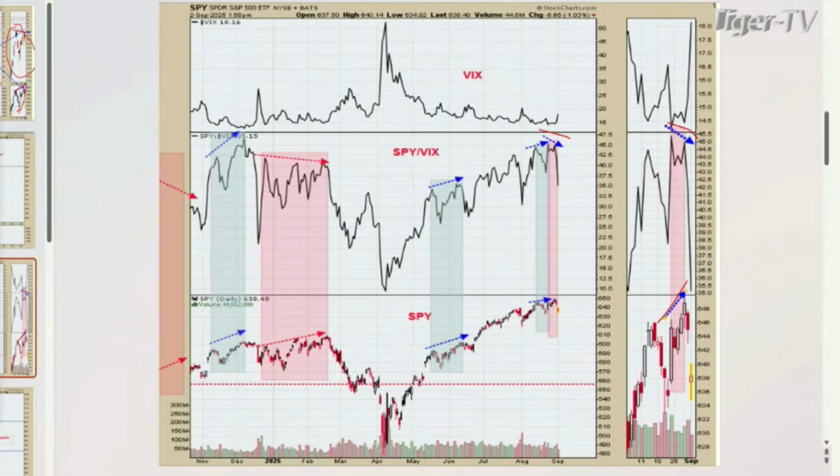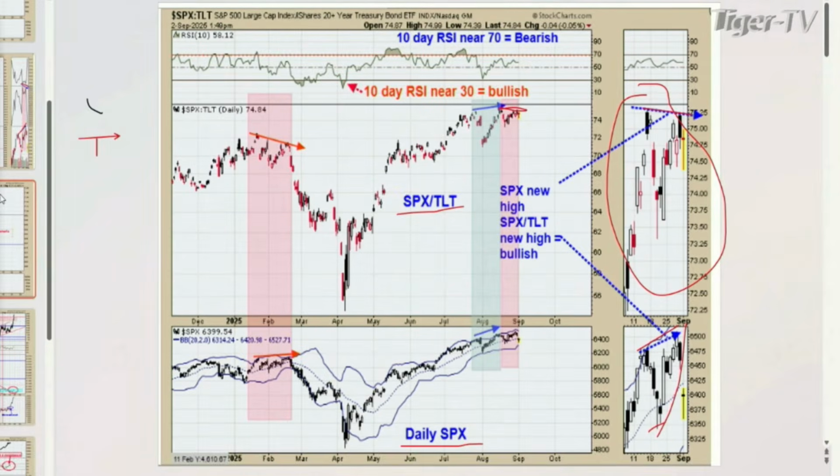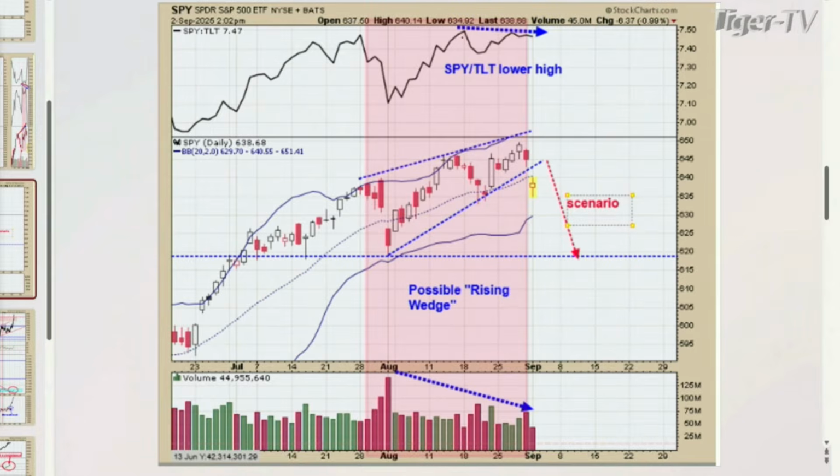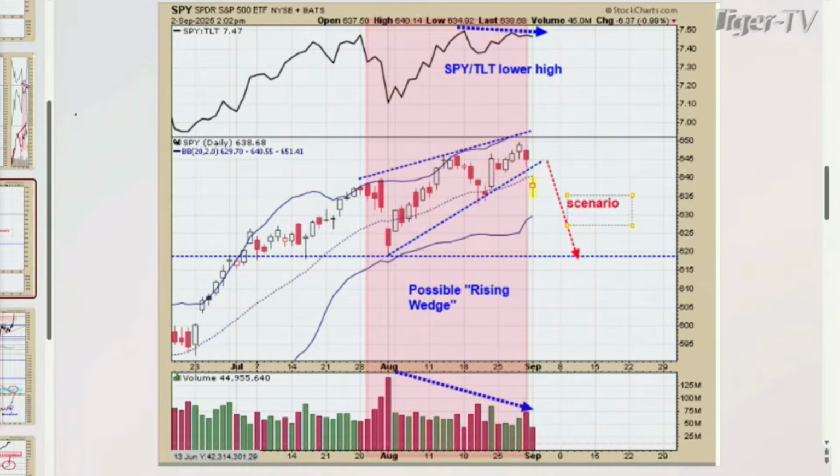But what the pattern's probably forming here is, let's see, this is what I'm thinking is going on. Let me get a different tool here.